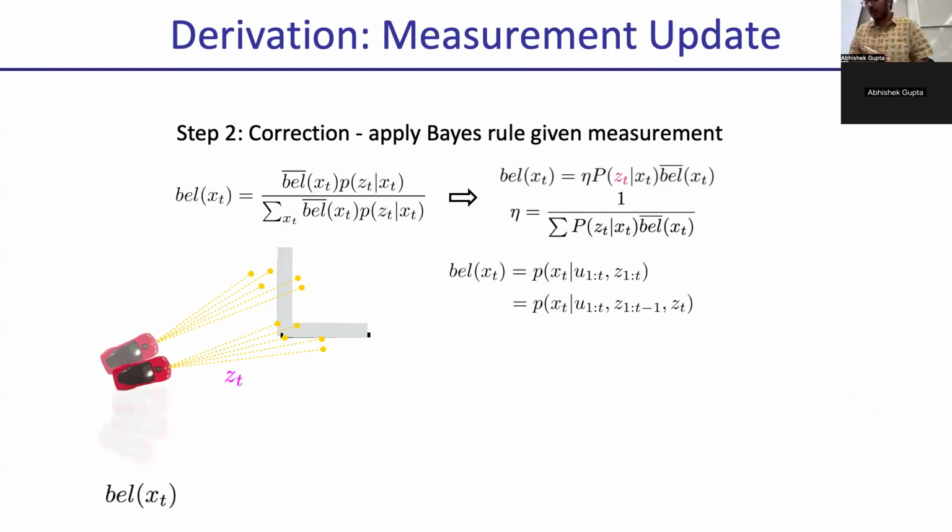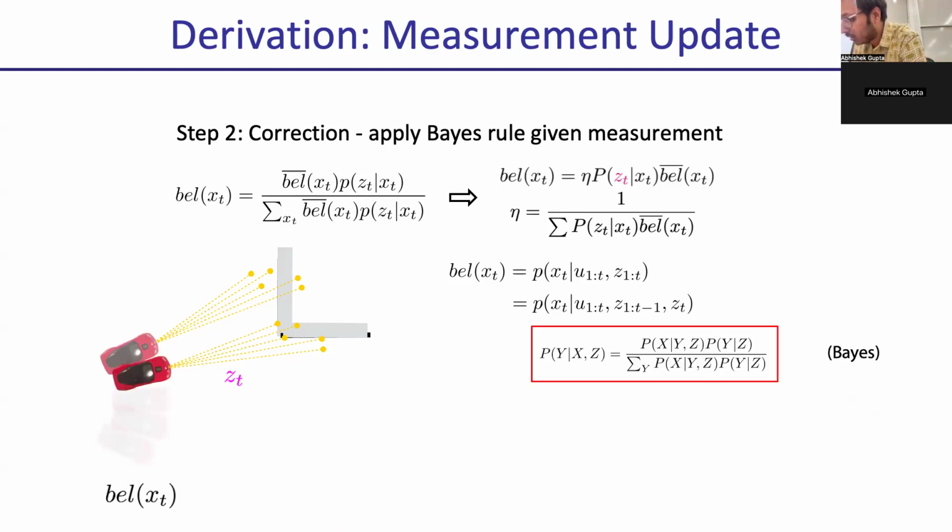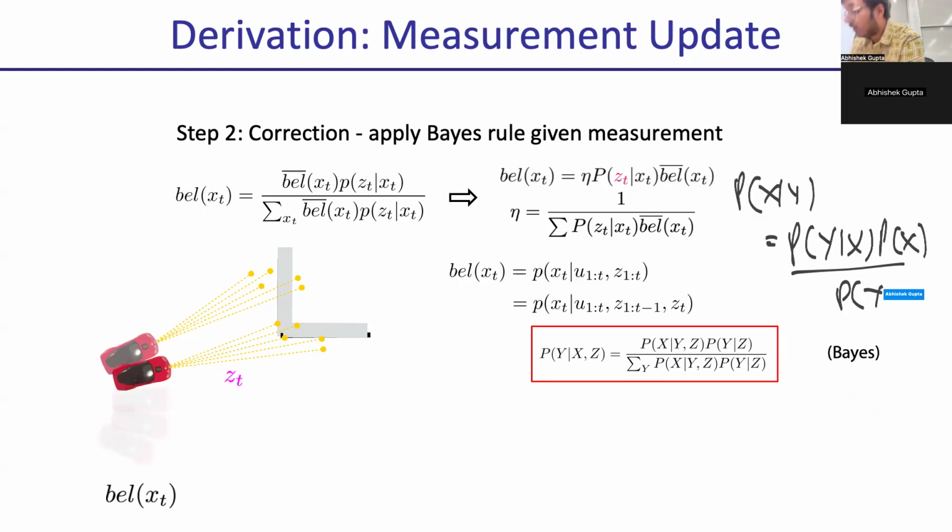Right. So if you remember how Bayes' rule worked, this is the version of Bayes' rule with conditioning, right? P of x given y is P of y given x times P of x over P of y, right?